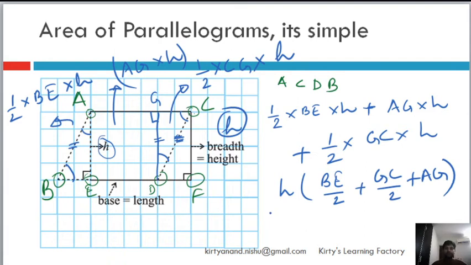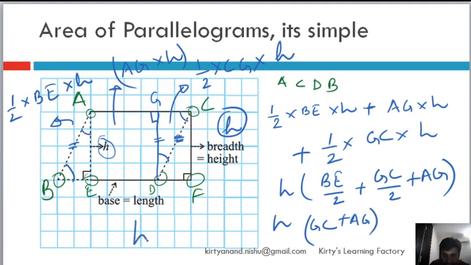That is what we are left with, okay. Now BE by 2 and GC by 2 is basically what? We can write it as GC because BE is equal to GC, right? So it is GC plus AG. I think it might not be visible to you, so let me rewrite it. BE by 2, because BE is equal to GC, we can write it as GC. BE by 2 is basically GC by 2 plus GC by 2, so that's GC plus AG.